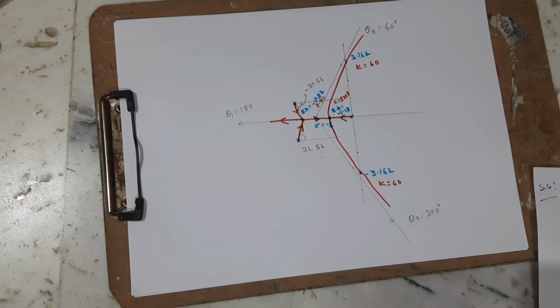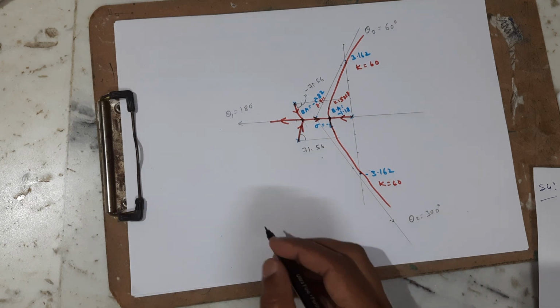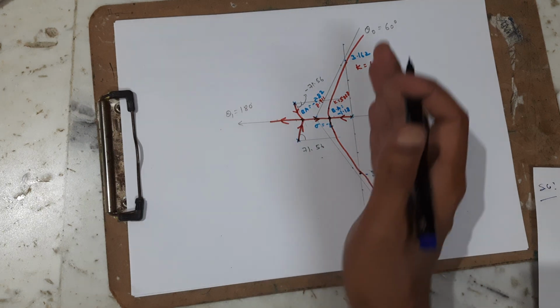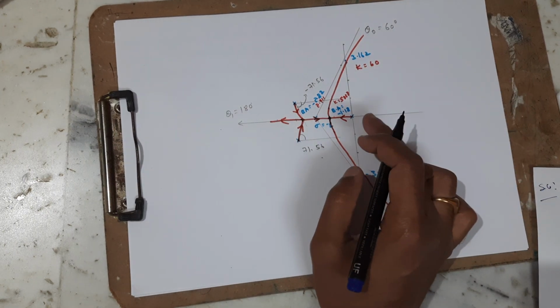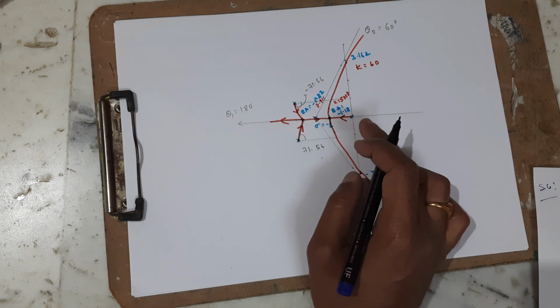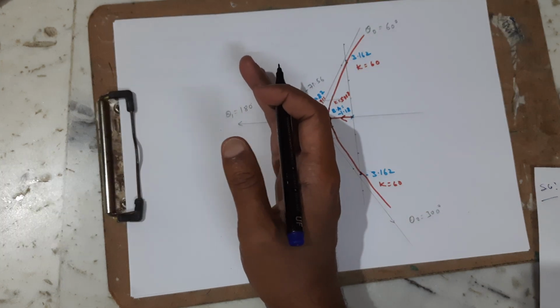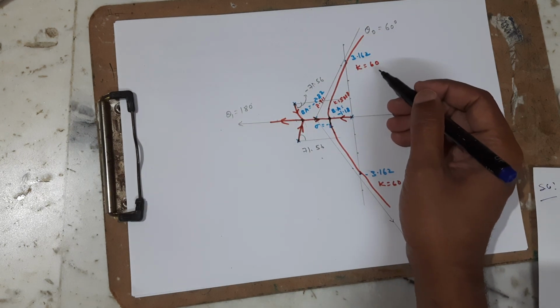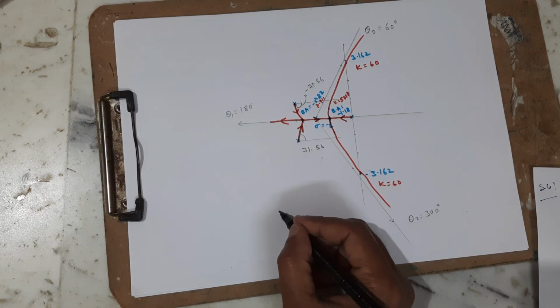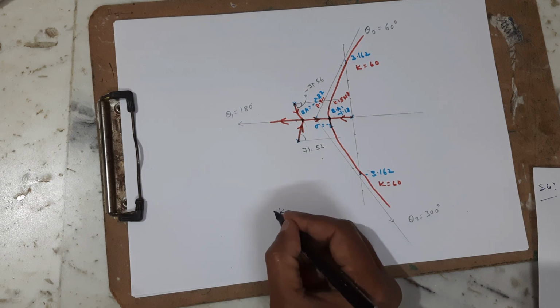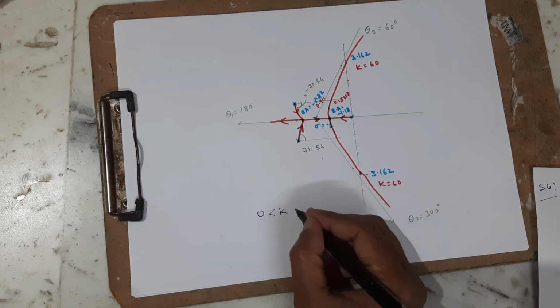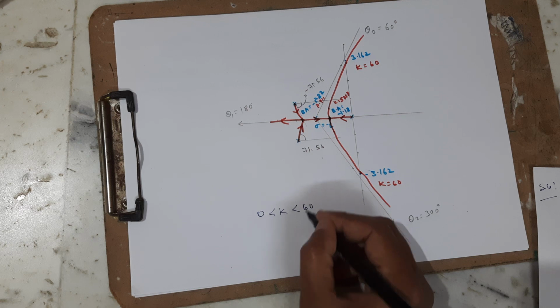Okay, so after drawing the root locus, the final step is to comment on the stability. What is the comment on the stability? You have to pay attention as we vary the value of k from 0. The roots are on the left side of the s-plane until k is equal to 60. So k must be greater than 0 and less than 60.